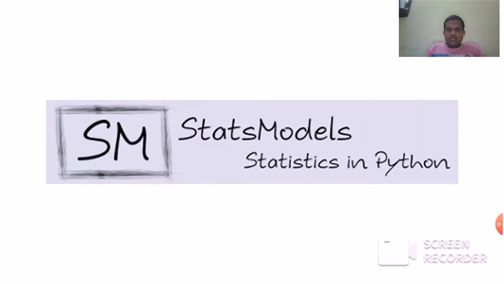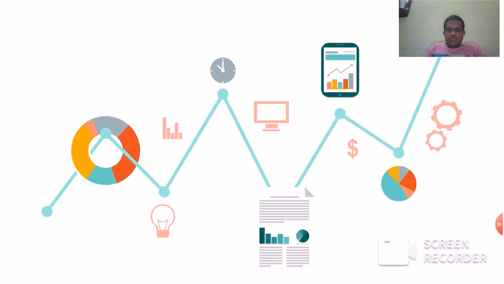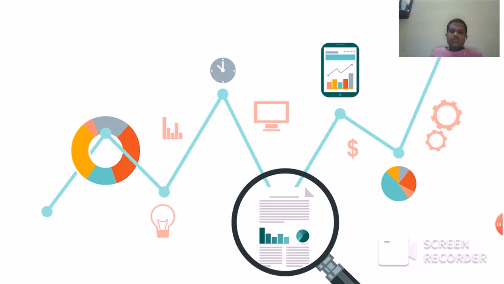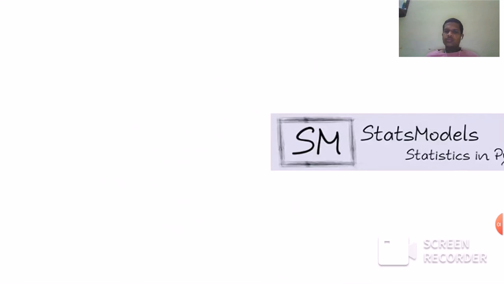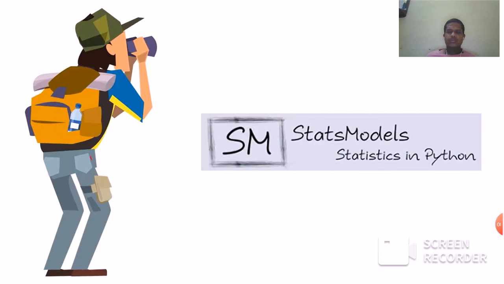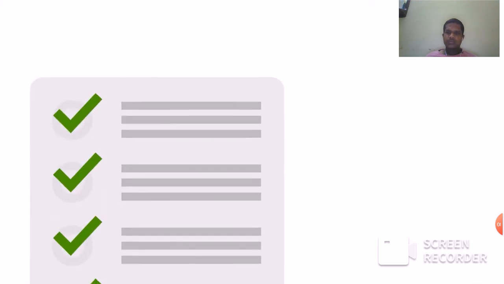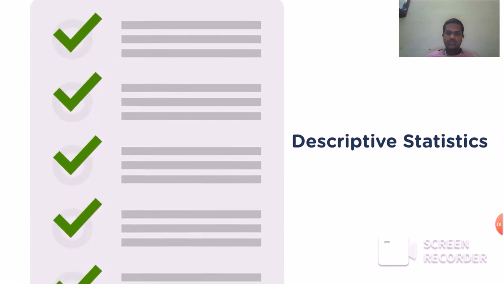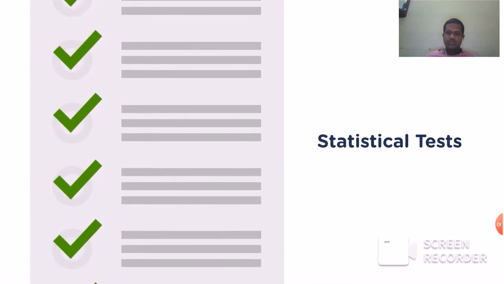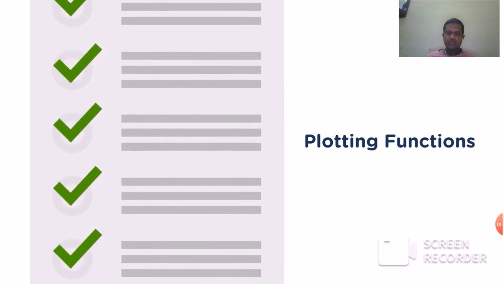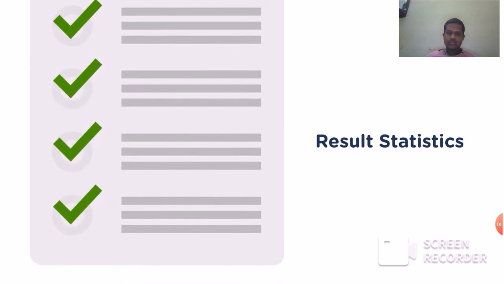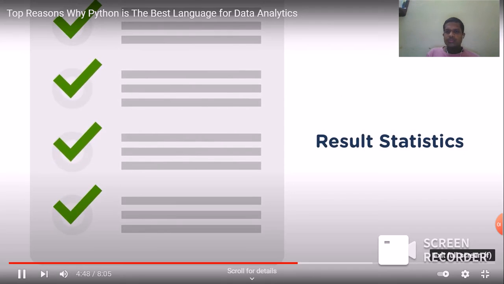Stats Models is a Python module that provides statistical functions for conducting statistical tests and statistical data exploration. Stats Models allows you to explore data, estimate statistical models, and perform statistical tests. An extensive list of descriptive statistics, statistical tests, plotting functions, and result statistics are available in Stats Models for different types of data.